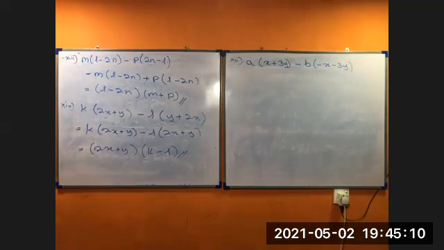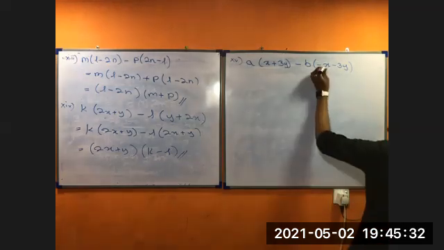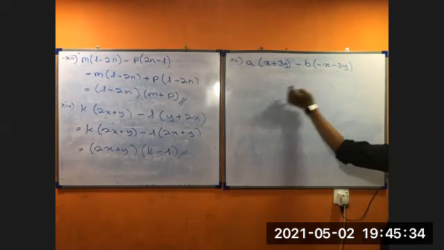So we have a plus b, x plus 3y. Okay, one answer so far, two answers. So look, here there's a minus, here there is a minus.